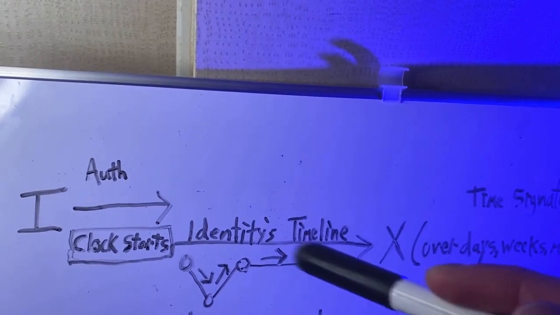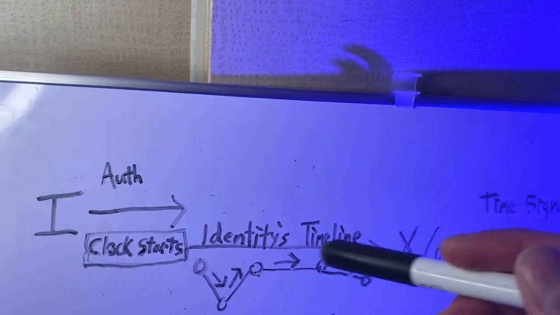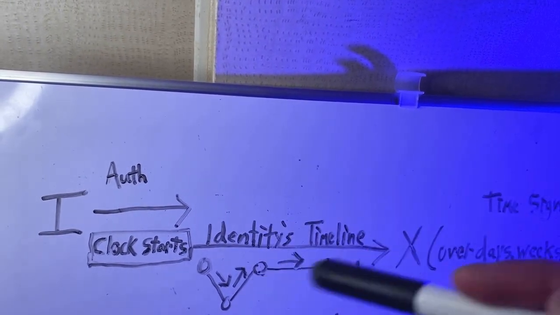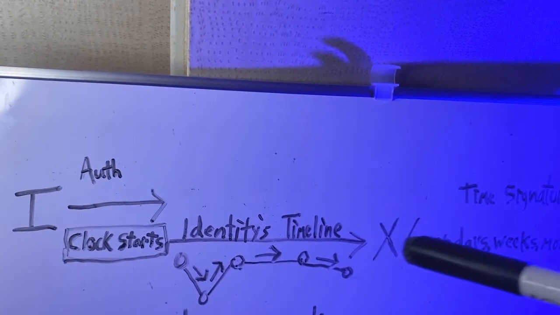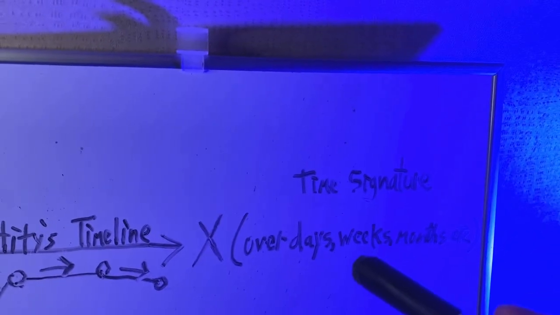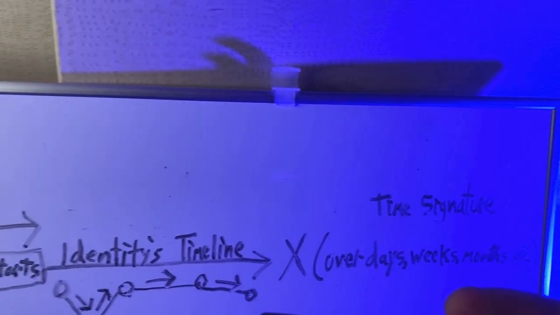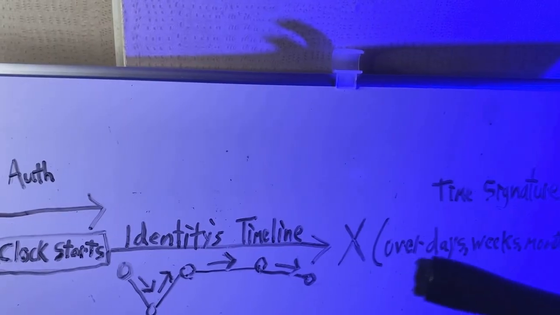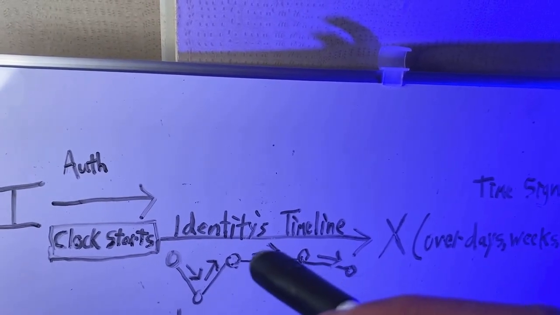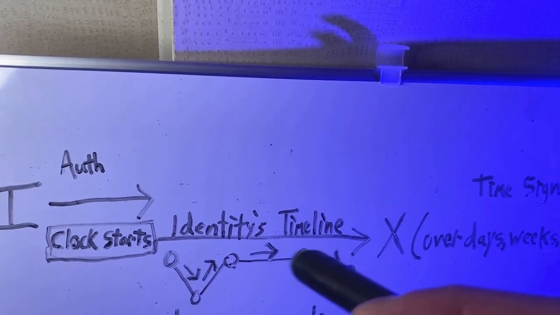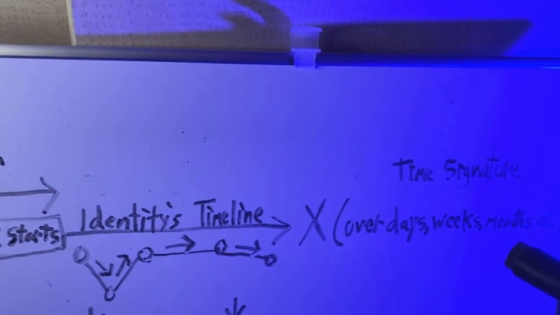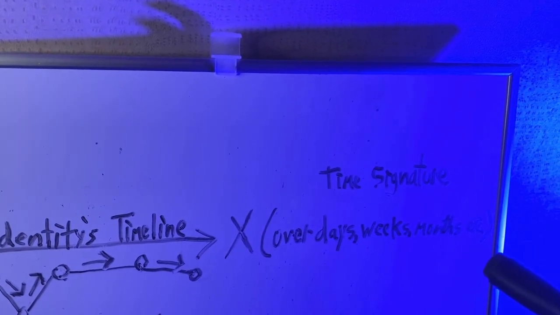But for this identity, we can have each session mapped out, and that can contribute to what I refer to as a time signature, which is essentially the typical rhythm of an identity based on multiple timelines, right? And that could be done over days, weeks, or months.